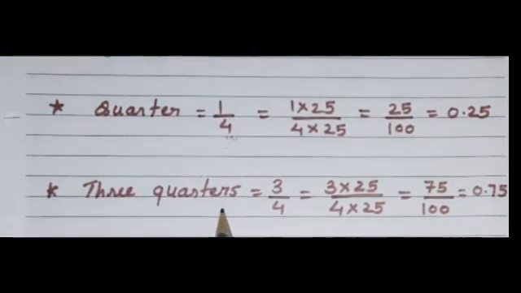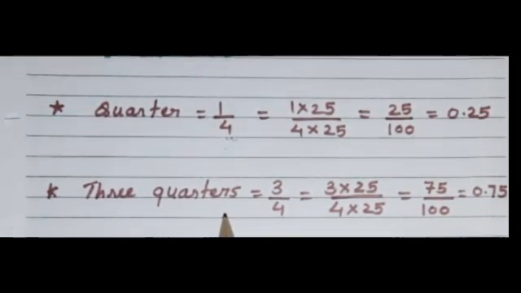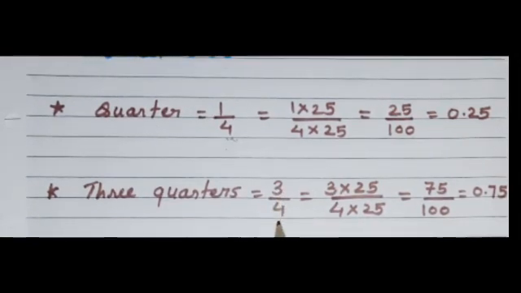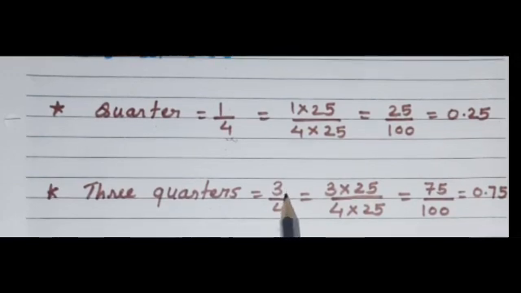Next, 3/4. 3/4 is written in fraction as 3/4. Now here 4 is denominator and 3 is numerator. Now convert this denominator to 100. For 100, 4 is multiplied with 25.